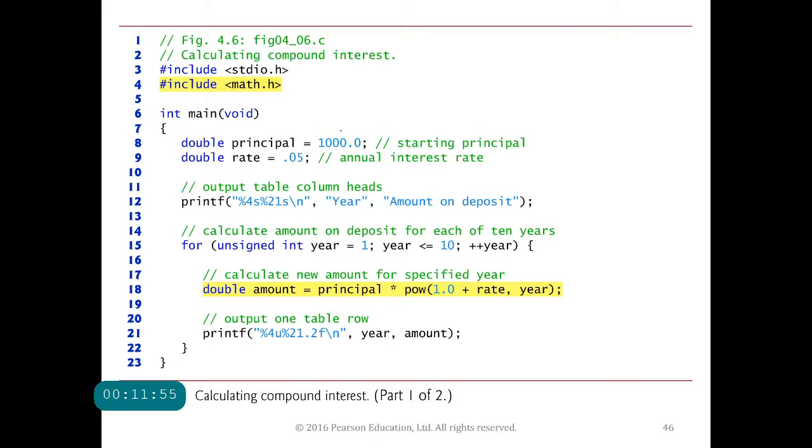So we have the principal amount, which is 1000. Our rate is 5%, so 5% basically translates into 5 divided by 100, which is 0.05. Then we have a printf statement, which prints year and then the amount on the deposit.